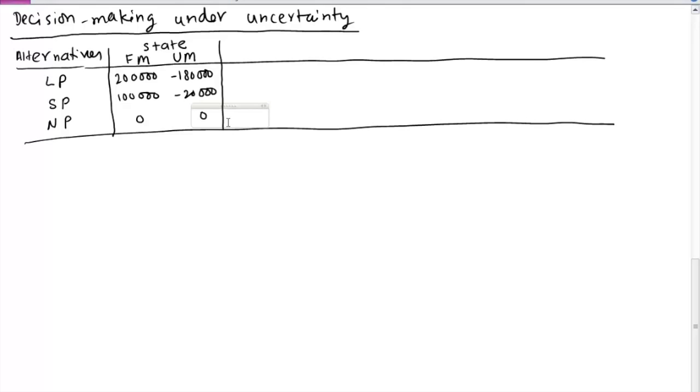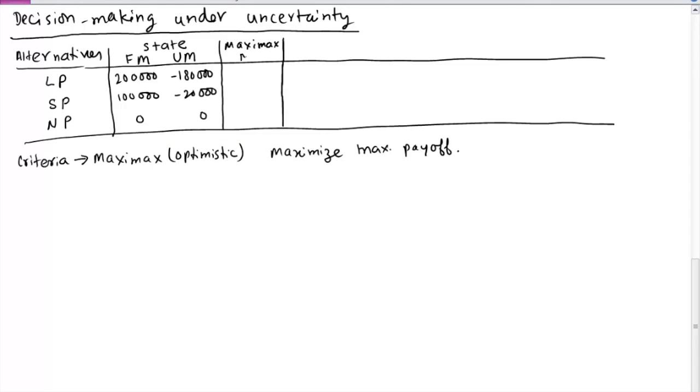For making decisions under uncertainty, there are different criteria one can use. One of the most commonly used is called maximax. It is also called the optimistic criteria. Basically, the idea here is to maximize the maximum profit. First of all, you find the maximum payoff in each row.